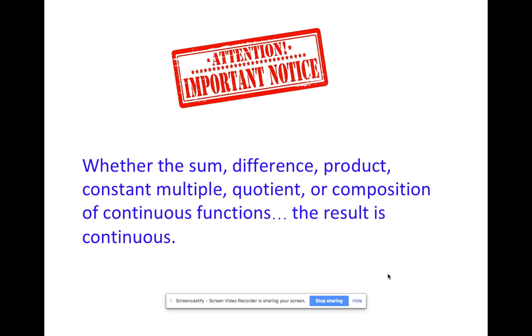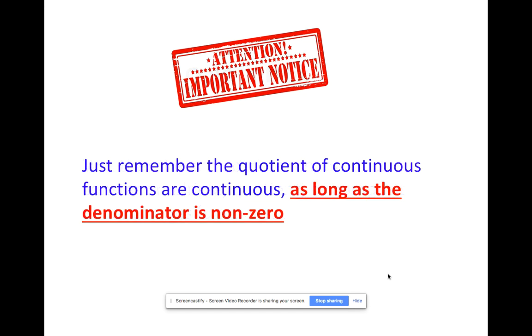So whether you're adding them or subtracting them, multiplying them, dividing them, multiplying them by a constant, putting them inside of each other, if the original functions are continuous, then the combination of functions will definitely be continuous too. The only thing you have to watch for is when you take two functions that by themselves are continuous and you make them a rational function, you've got to watch for the quotient being a 0.